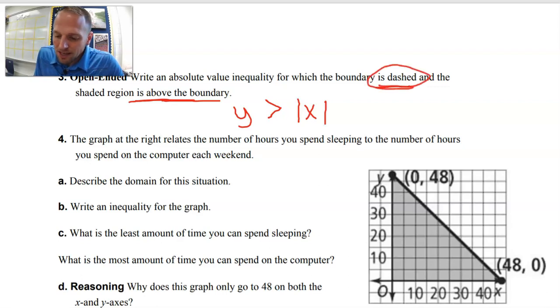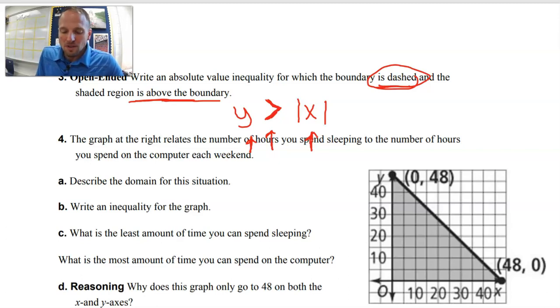And how do I make it dashed? Well, if I put the equal sign underneath there, that's going to be equal to, that's going to be a solid line. I don't want solid, I want dashed, so I'm just going to keep it as greater than. You can do anything else you want, you just have to have the y, the greater than, and the absolute value of x. If you want to add a +7, a -6, if you want to multiply it by 3, that's fine.